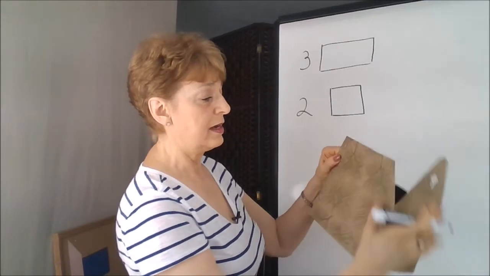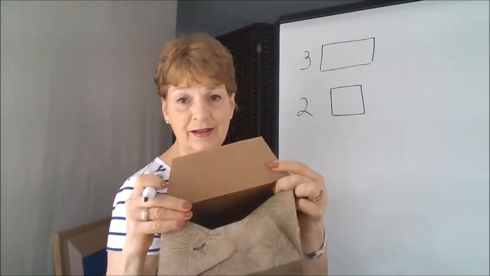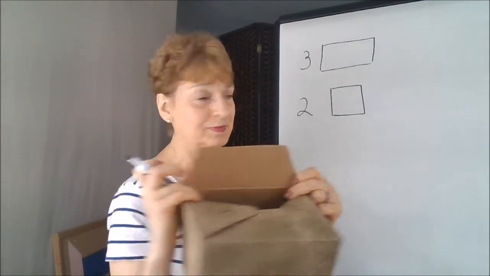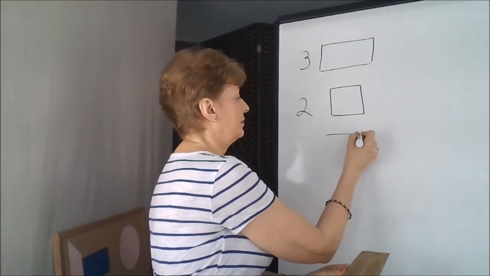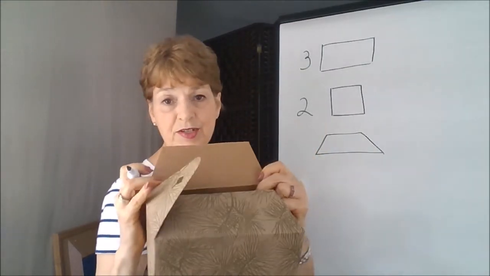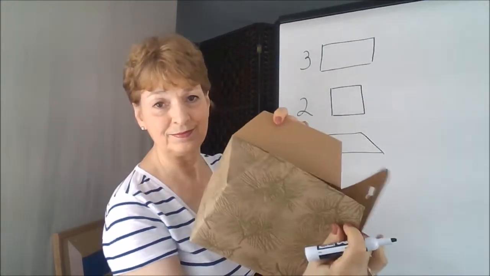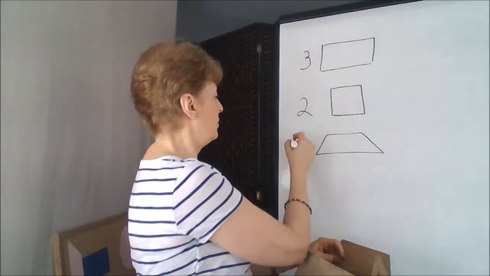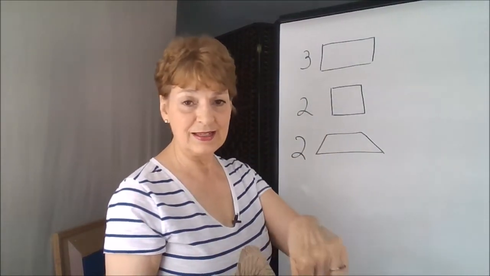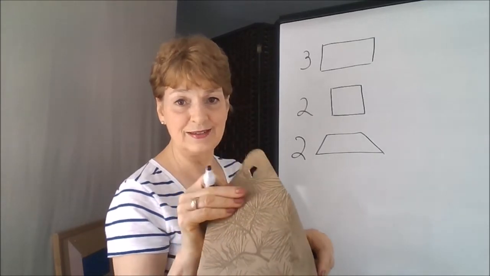Then we have a trapezoid here on the lid part. Of course, there's one on the other side as well. So we'll have 2 of those. And then we have these 2 triangle flaps.